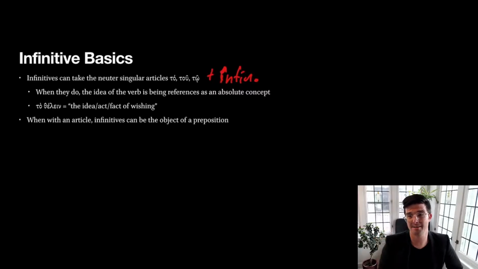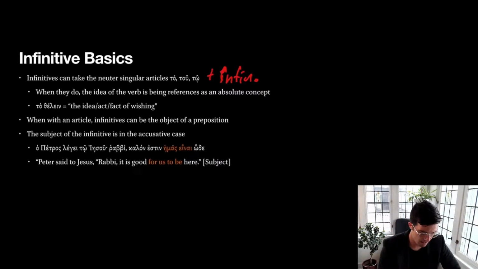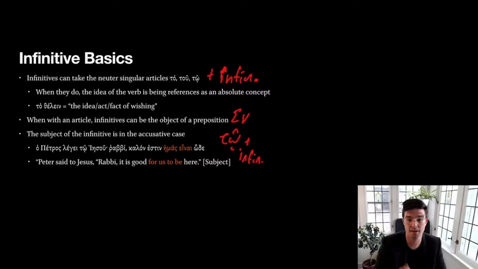When an infinitive has one of these articles, it can also be the object of a preposition. So we'll see something like en tō plus the infinitive, and we'll talk about what that means a little bit later on. When an infinitive has an article before it, it can also take a preposition before it.